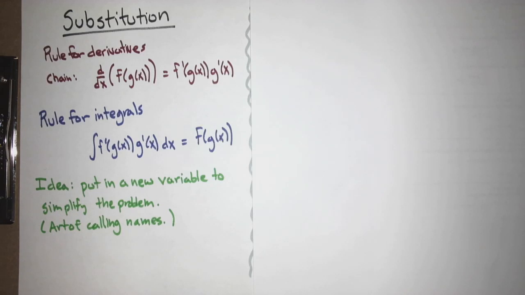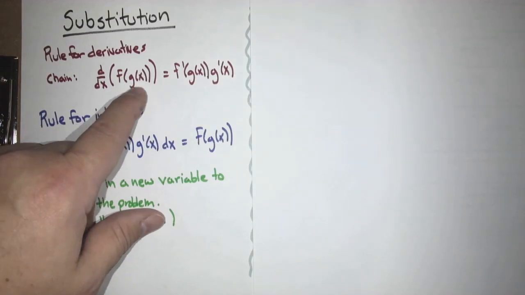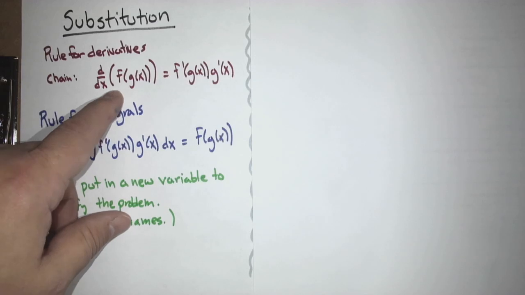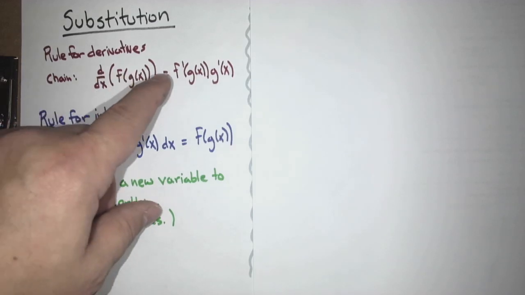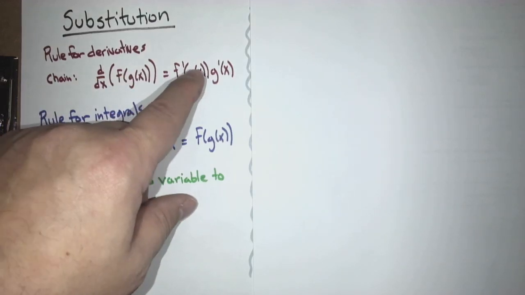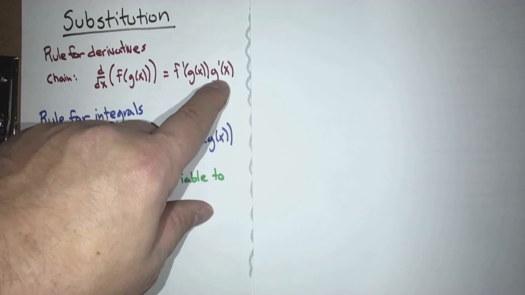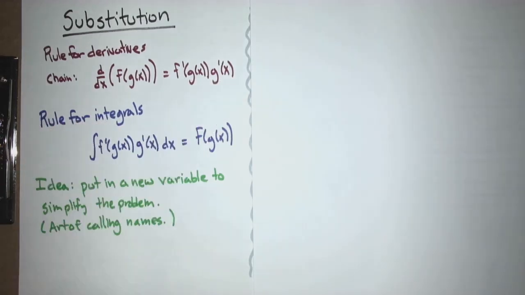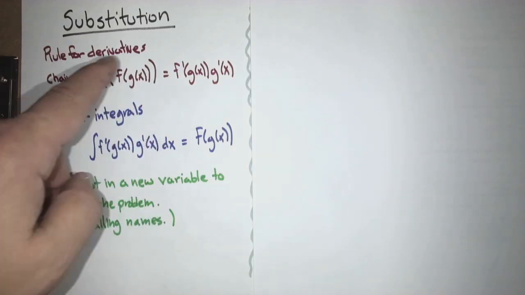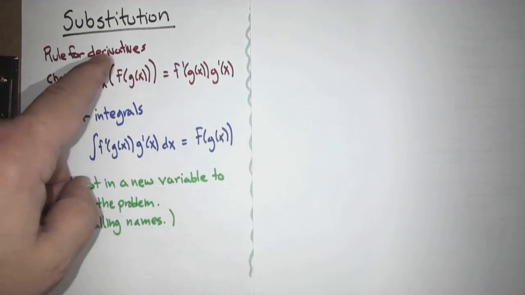Remember the chain rule says if I have a function in a function, and I take the derivative of the outside, leave the inside alone, times the derivative of the inside. Well, pull out your fundamental theorem of calculus and imagine that you integrate both sides.